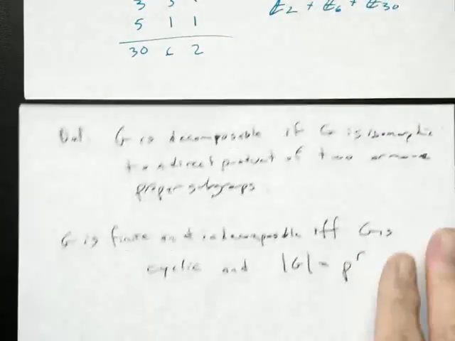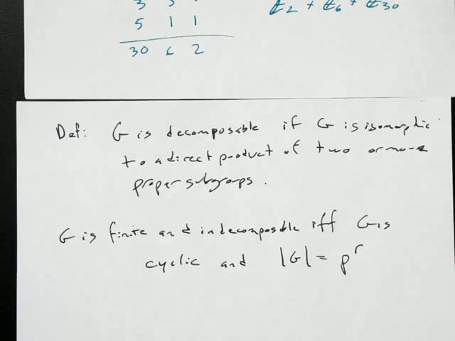So Z4 is indecomposable. But Z2 by Z2, because they're not isomorphic, is the decomposition for a different thing.